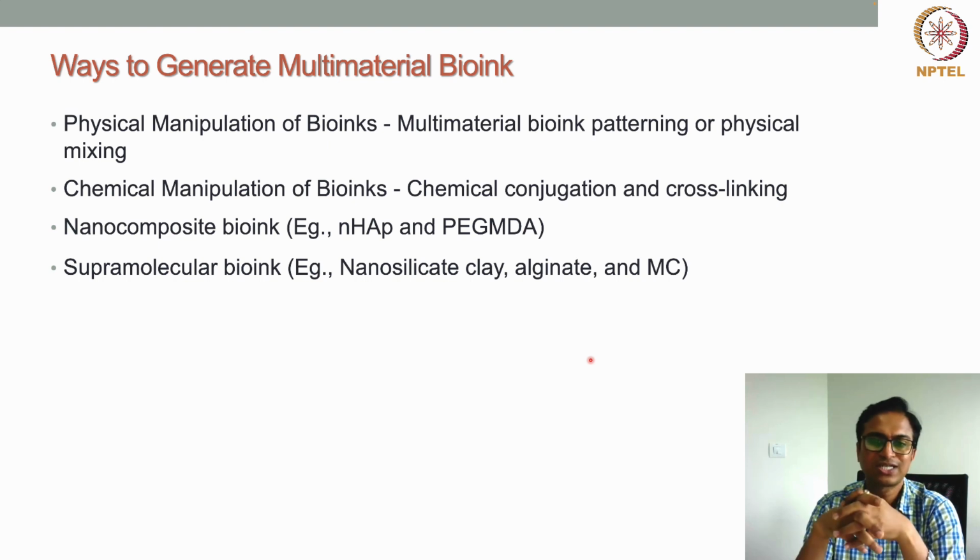When different nanostructures are incorporated within a hydrogel system, that composite is a nanocomposite, and it can be very well used for different bioprinting applications, because it has huge advantages over a conventional, single material bioink.